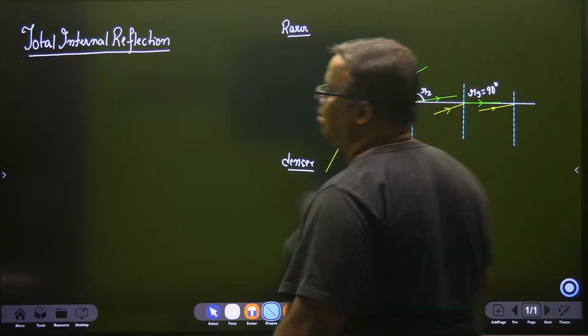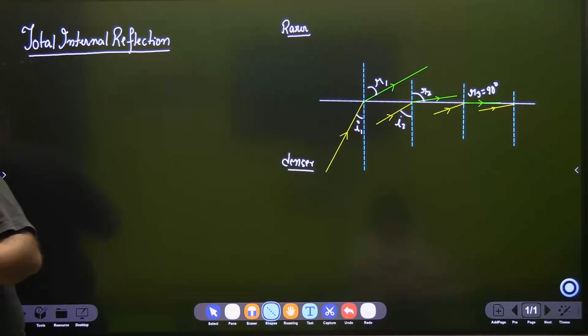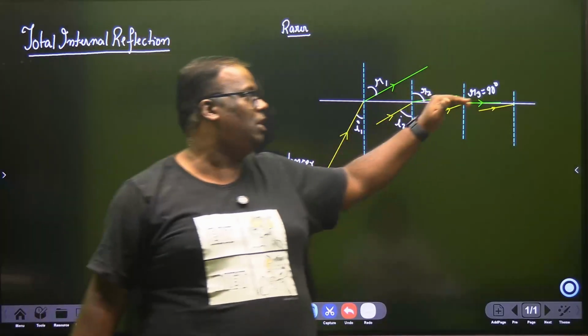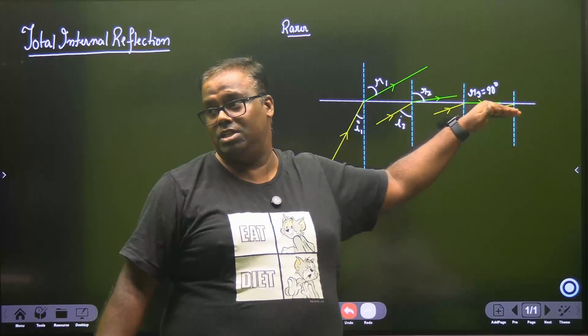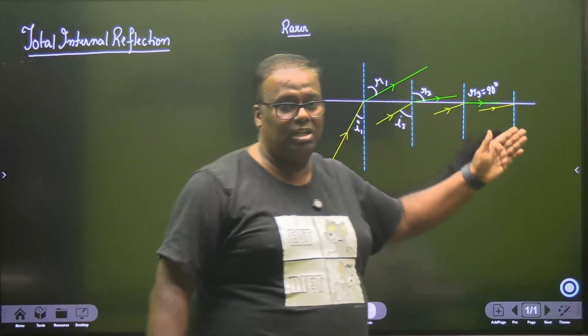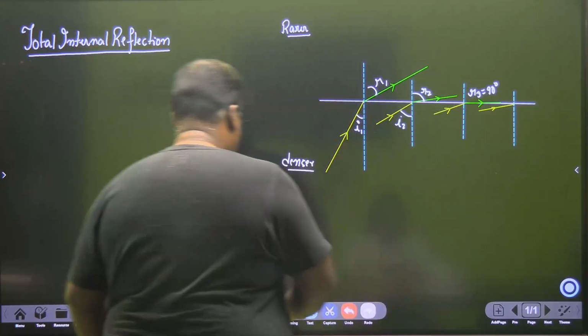I will see that my refracted ray won't form at all. Look here, the refracted ray was bending away from the normal, then became aligned with the interface, which means the angle of refraction is now 90 degrees. If I go further, I will find that no refraction happens.